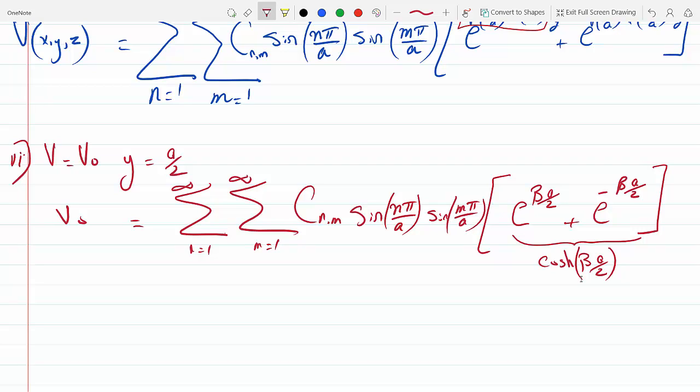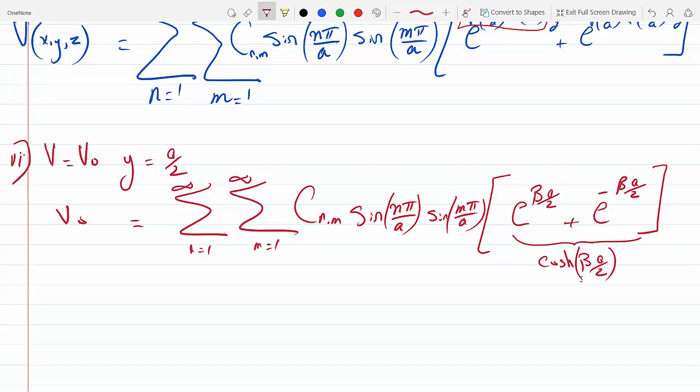That's the trick. Well, if you remember, we use Fourier transform. This is nothing but the sine Fourier transform, and we could use the Fourier transform trick.